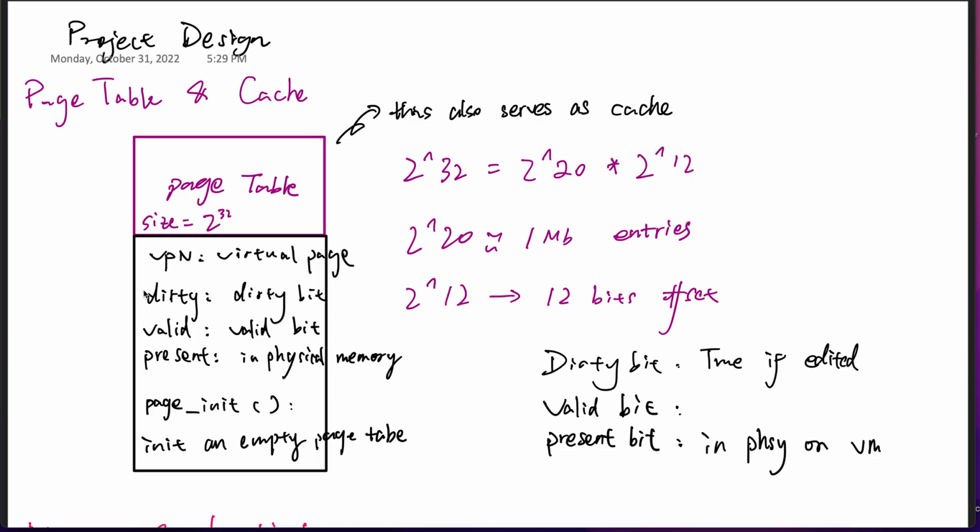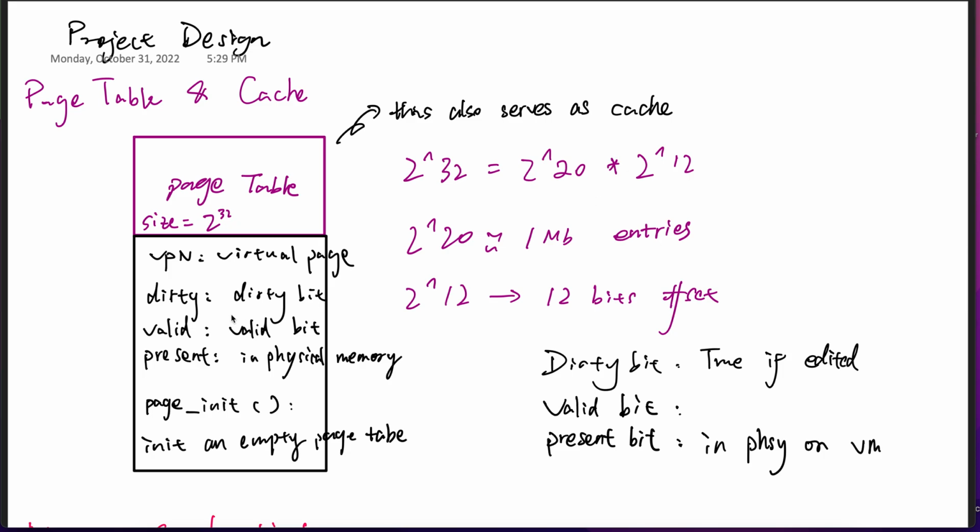Maybe it's not a class, it's a struct in C. So I designed this page table. It should have 2 to the 32, that's 10 megabytes overall size, and then it can be split into 20 bits for table entries, and the other 12 bits serve as offset.